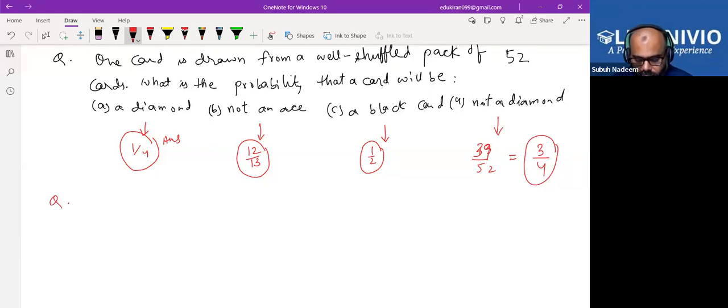Let's come to the next question. A number is chosen from the numbers 1 to 100.